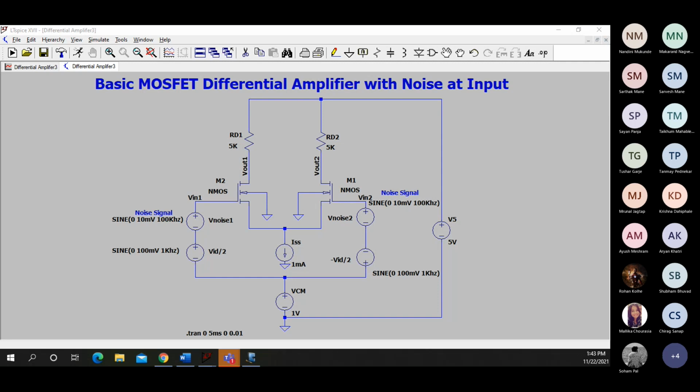Rohan, one of the noise sources is giving a noise of 1 kilohertz, the other is giving a noise of 100 kilohertz. So there is no symmetry. That is why probably you are getting an output like this. Okay, sir, I'll change and try again. You got it? Yes, sir. Good.